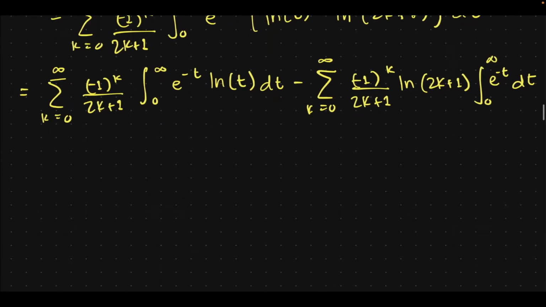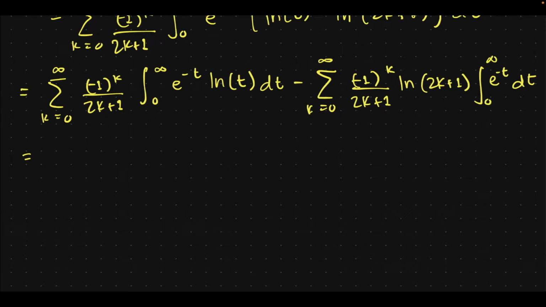Now, if you see just the integral here, and maybe I can use my pointer pen, this is the digamma of 1, which is minus the Euler-Mascheroni constant. Meanwhile, I shall write what the infinite series is. So let's choose a different color.